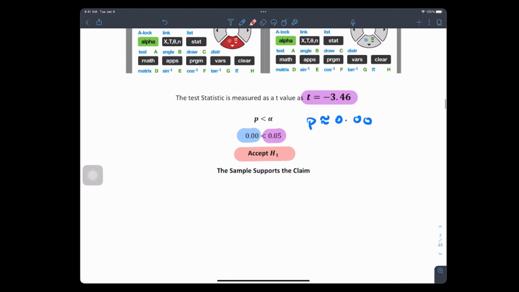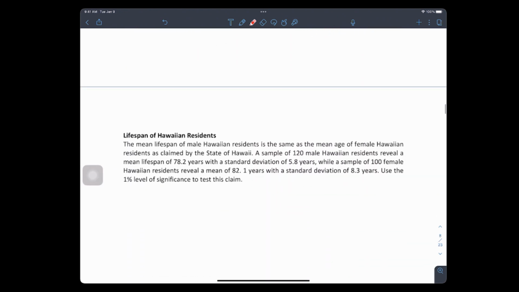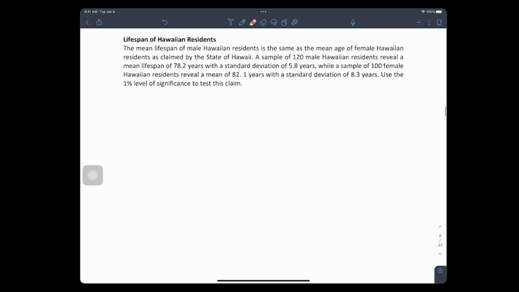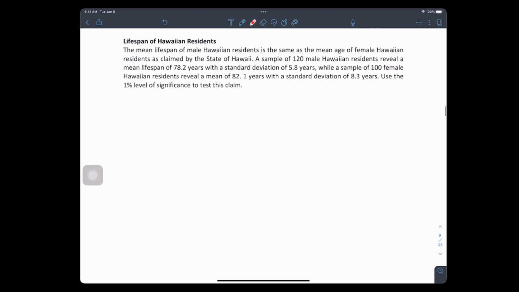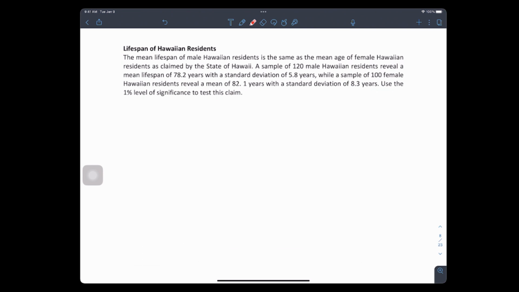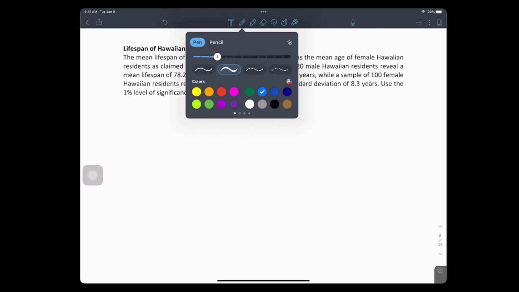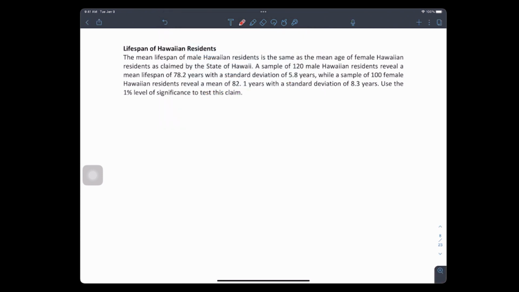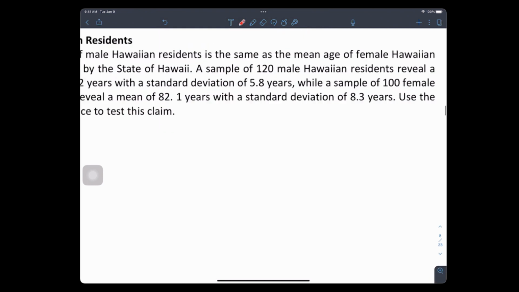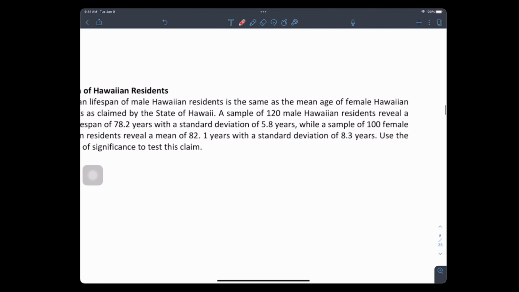But anyway, how about this? The lifespan of male Hawaiian residents is the same as the lifespan of female Hawaiian residents. Gosh, I've got to fix some of this stuff when I get home.